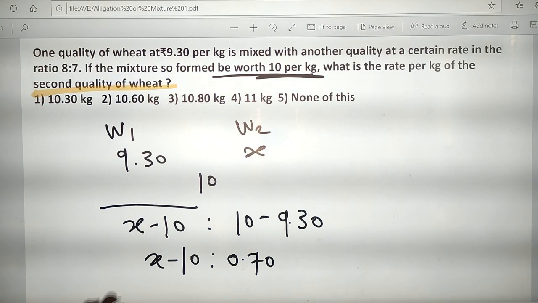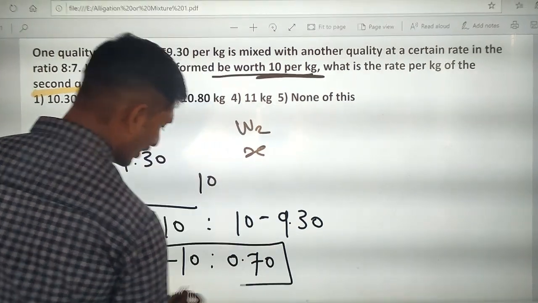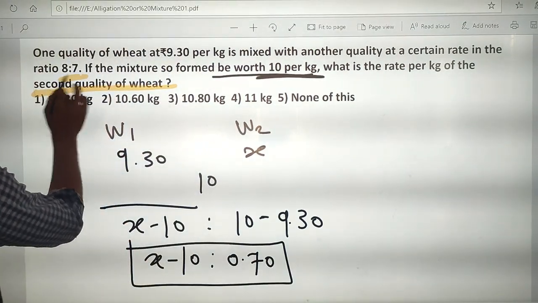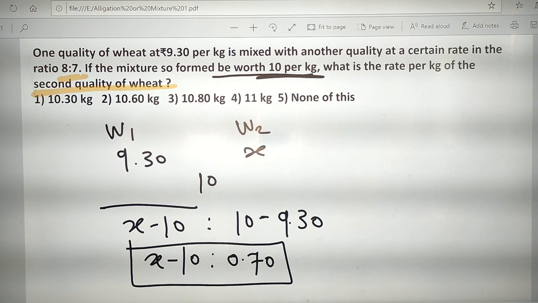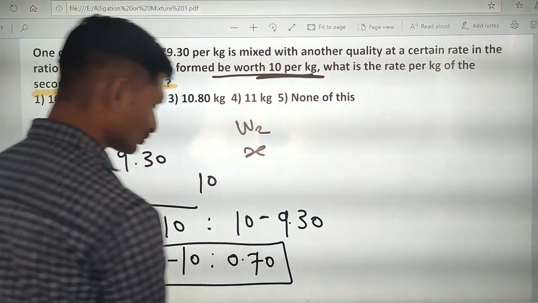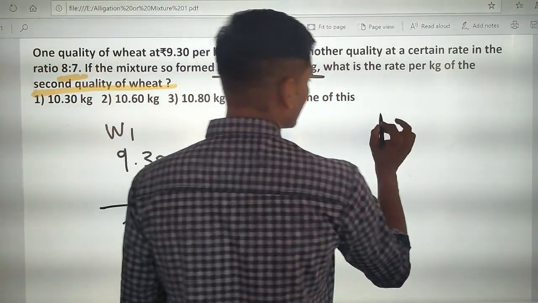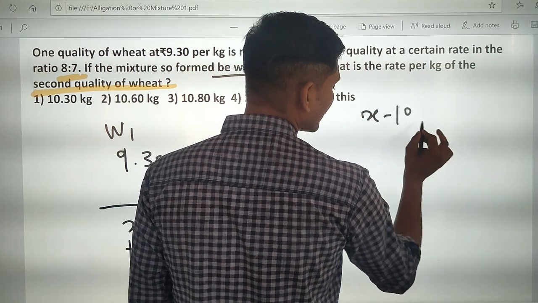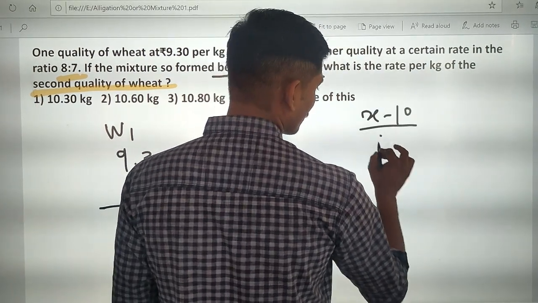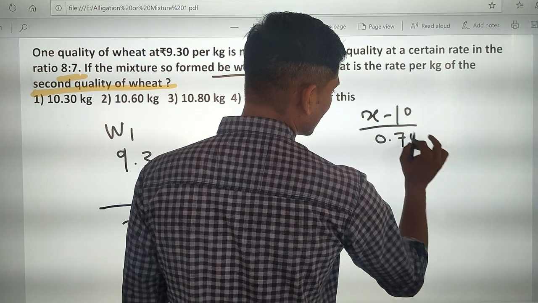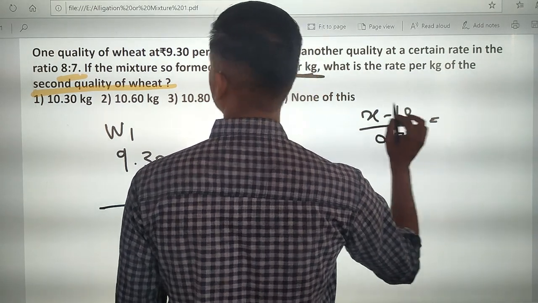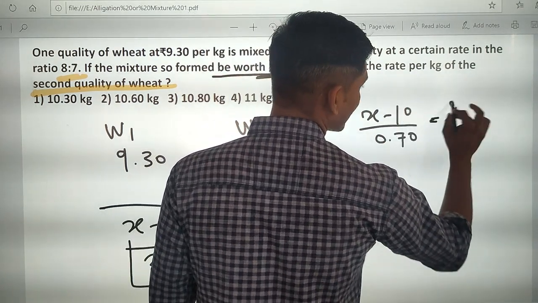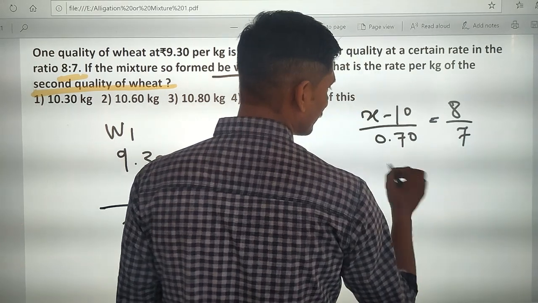Then this quantity ratio is given as 8:7. Now we write x minus 10 divided by 0.70 is equal to 8 by 7.